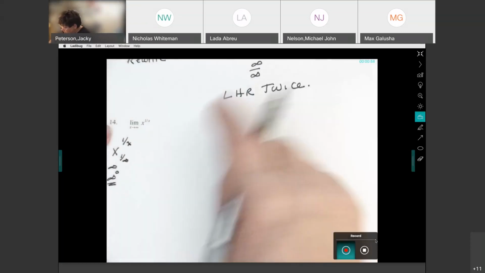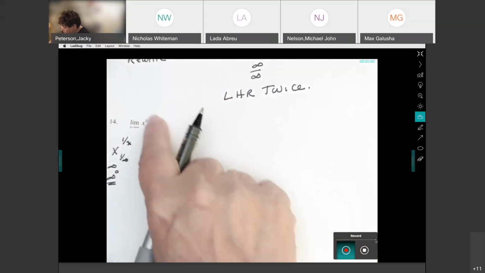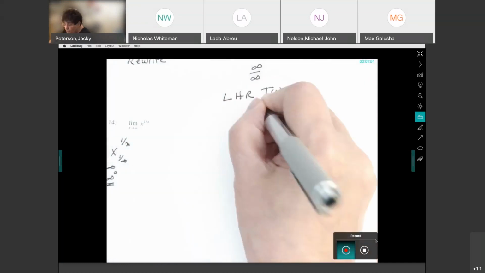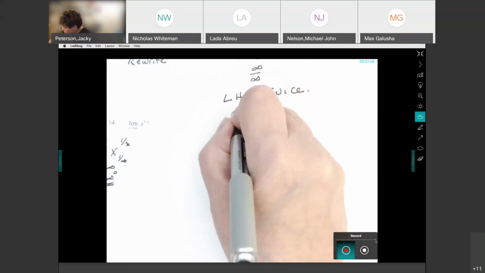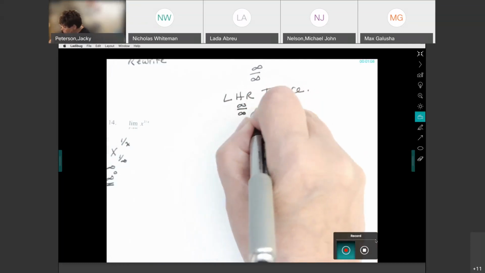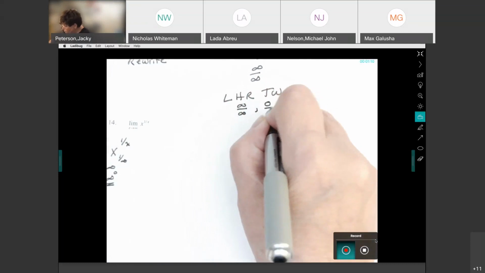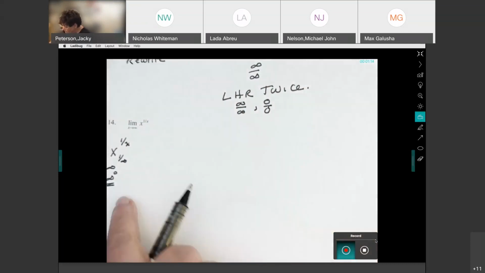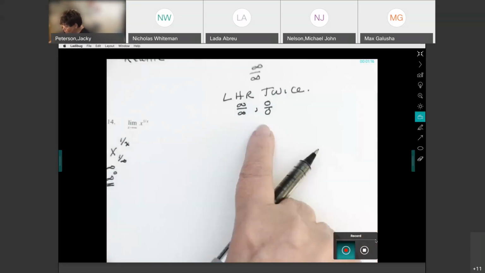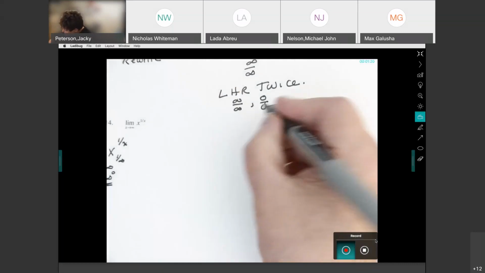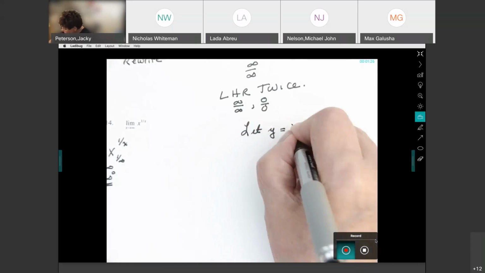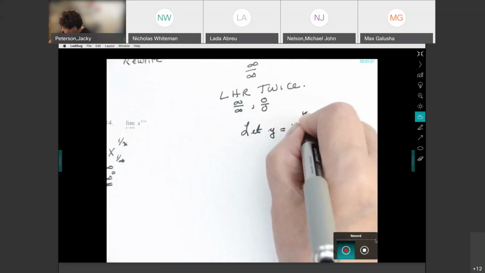Because this limit doesn't have any meaning, I can't use L'Hopital's rule on it, because L'Hopital's rule requires either an infinity over infinity or a 0 over 0. I can't rewrite this as it stands to be either of these two forms, but I can do this. I'm going to let y be equal to x to the 1 over x.